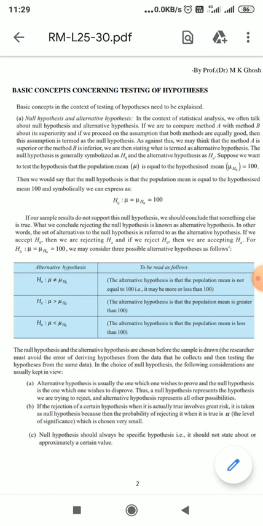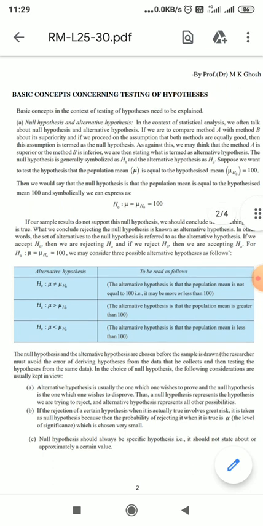Thus, the significance level is the maximum value of the probability of rejecting H0 when it is true and is usually determined in advance before testing the hypothesis. The third point is decision rule or test of hypothesis.